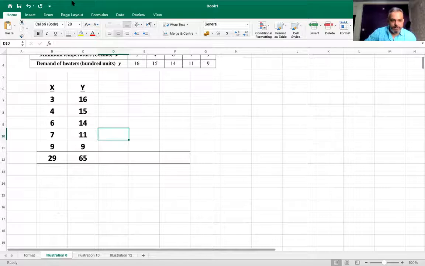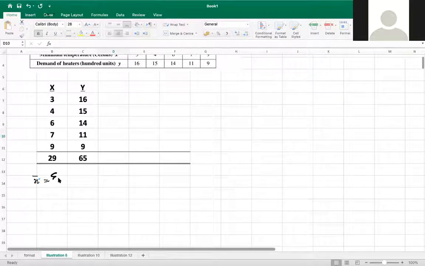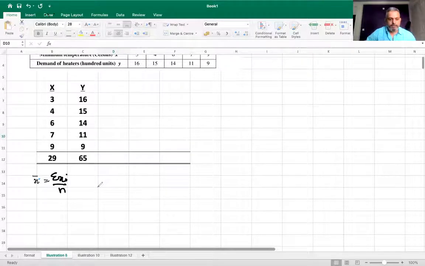Now, first step is we find the mean. x bar is equal to sigma xi upon n, which is equal to 29 by n.